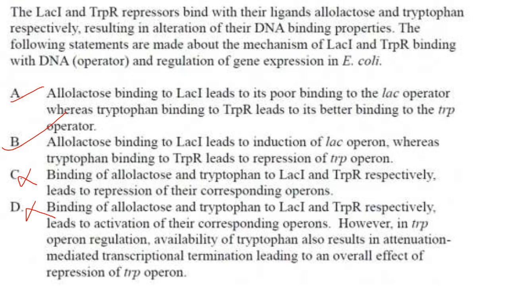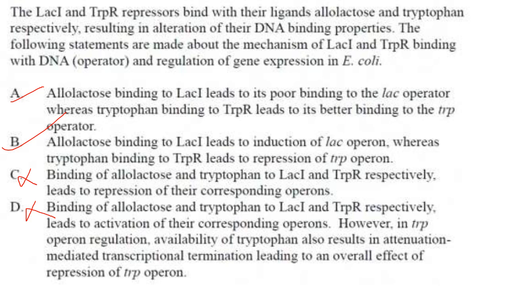Allolactose binding to LacI leads to induction of the lac operon. That's correct. Whereas tryptophan binding leads to repression of the tryptophan operon. That is also correct. Binding of allolactose and tryptophan to LacI and TrpR respectively leads to repression? No. B statement is correct. C is not correct.